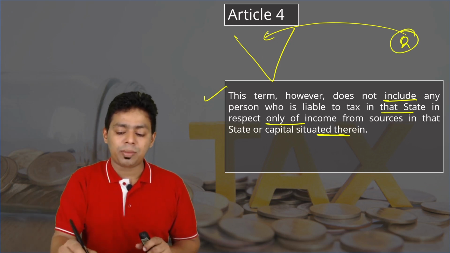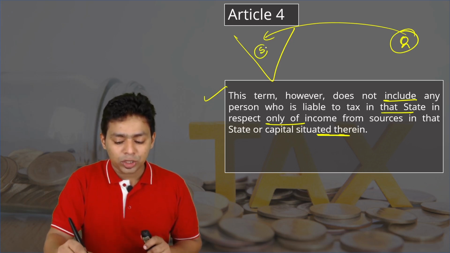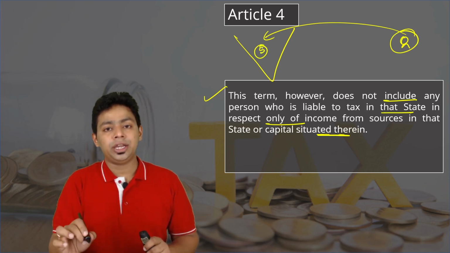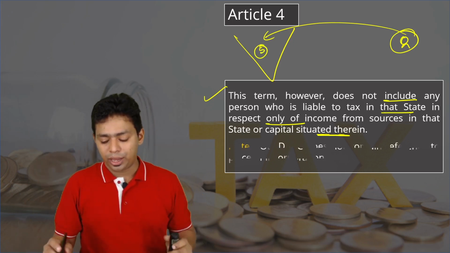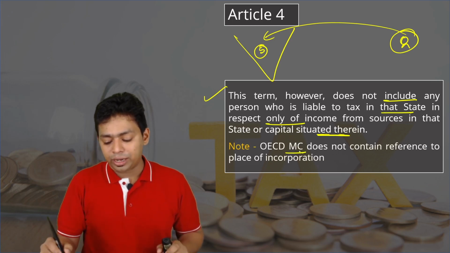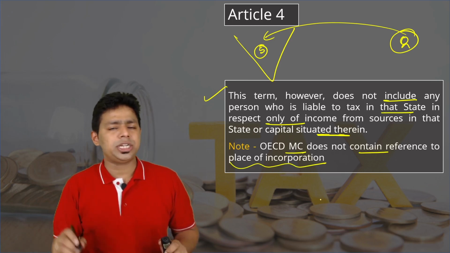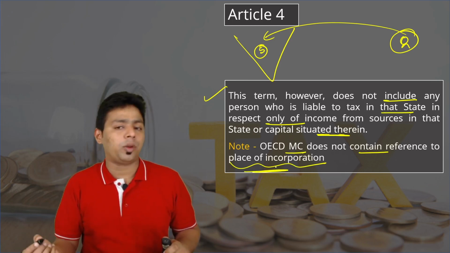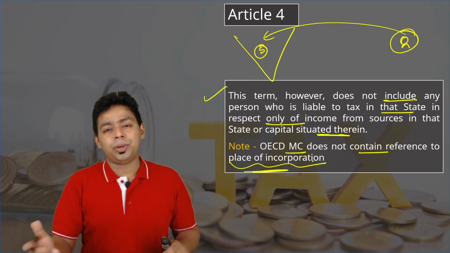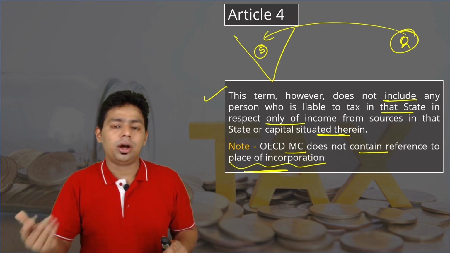He has earned income and is going to pay tax only on the source in this particular nation, not on the global income. Okay. The OECD model convention does not contain a reference to the place of incorporation. So in the OECD model, they don't have the place of incorporation rule. Obviously they are developed nations, so they might have their own rules of determining residential status.